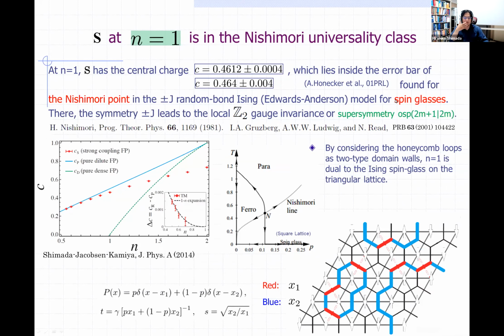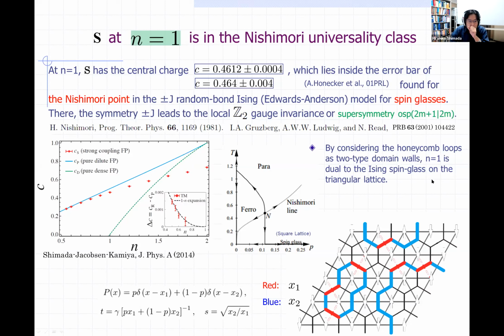And this fixed point is discussed in the paper of Nishimori and also Jacobsen and Read. We have no analytical derivation for this central charge, but some fine structure of this critical point is known.